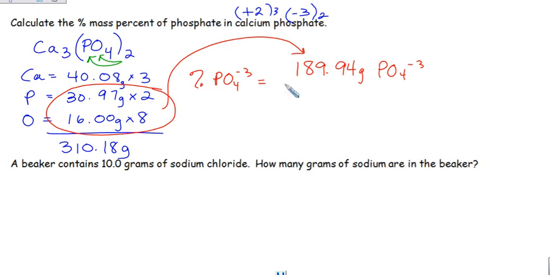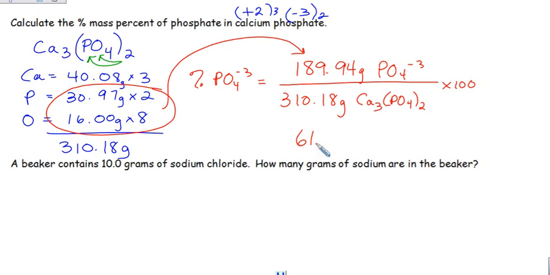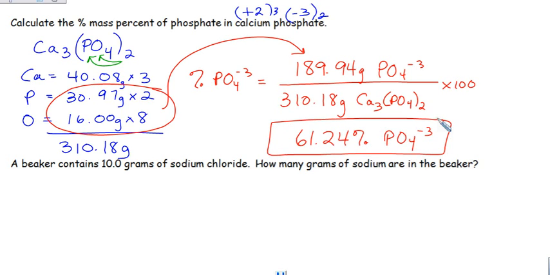And then just like any other percent composition, we divide by the mass of the compound, 310.18 grams of calcium phosphate. We'll multiply by 100 to make it a percent. And with about 2 decimal spots, 61.24% phosphate, -3. There, that's very manageable, right? We just add up everything that makes up the phosphate, all the phosphorus and oxygen.